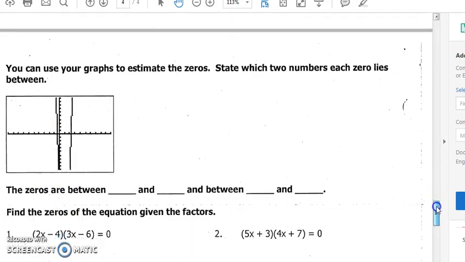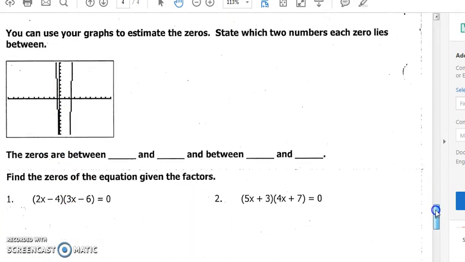We'll definitely practice again. So let's go to the next page on the notes. You have a graph there. So you can use your graphs to estimate the zeros. State which two numbers each zero lies between. So right here, this is your zero, and that's your zero. You have two points there. So what you're going to do is just estimate.